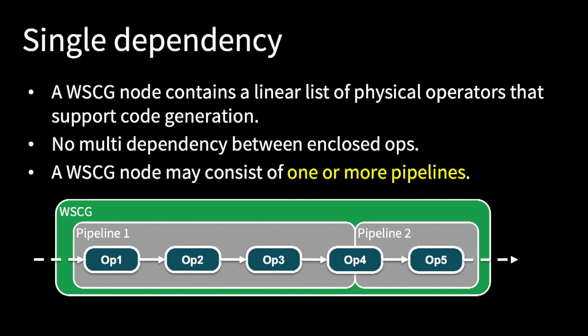Well, this can be seen as a limitation of the current model, but it also simplifies the problem. So we can always assume that the whole stage code gen node only contains a linear list of physical operators. But in the meantime, this list of physical operators can consist of one or more pipelines. I'll talk about pipelines a little bit later.